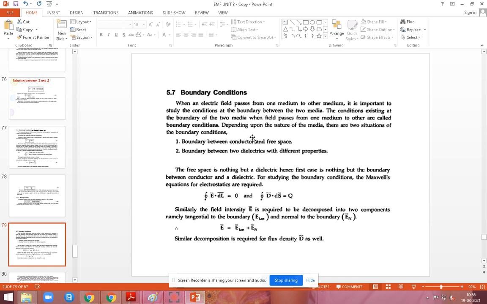The condition existing at the boundary of two media, when an electric field passes from one medium to another, is called a boundary condition.